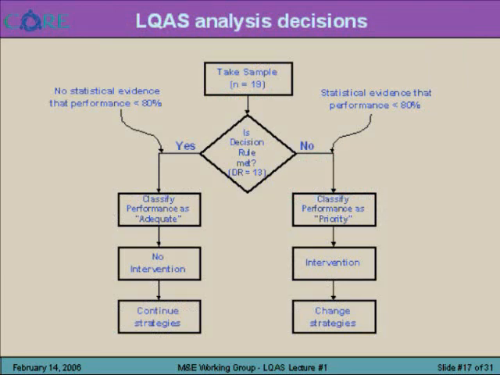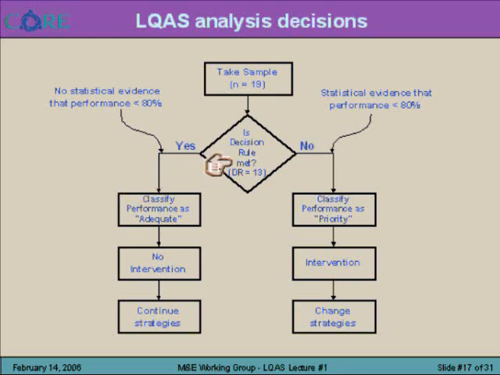As we collect data from each supervision area and for a specific indicator or set of indicators, we will be able to obtain the number of correct responses for each indicator we look at. If the decision rule is met, that is, if the number of correct responses is greater than or equal to the decision rule value, then we can classify the performance in that supervision area as adequate or low risk, depending on the indicator being assessed.